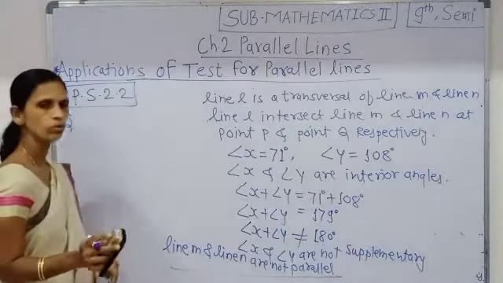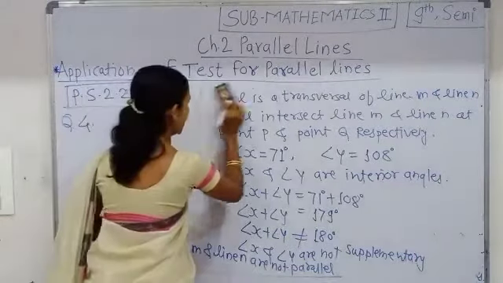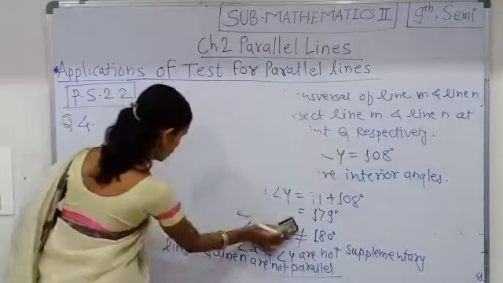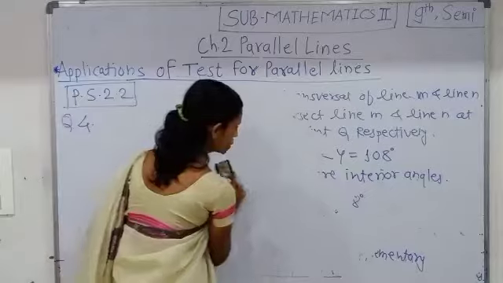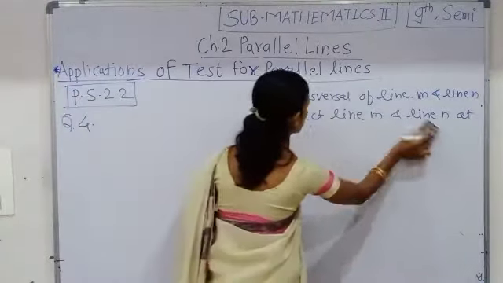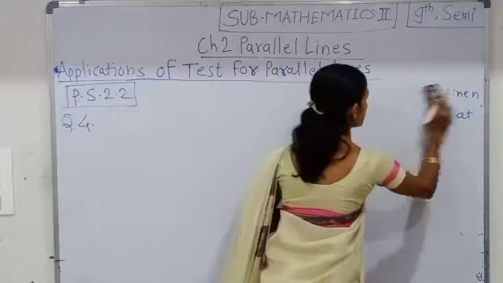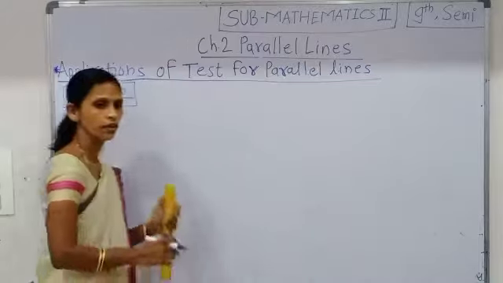Then we have to solve question number 4. That is the example given in question number 4, which is based on the parallel line tests, that is the interior angle test, corresponding angle test, and alternate angle test.